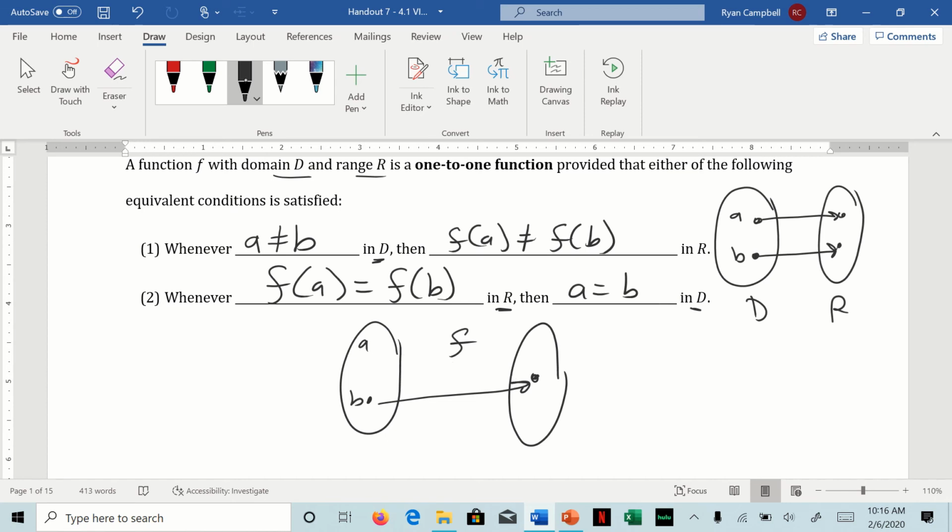And so it's just one thing pointing to each other. Notice this is one-to-one. Everything is only pointing to one individual thing. So if two things are pointing to it, that's not one-to-one anymore. So that is not one-to-one.